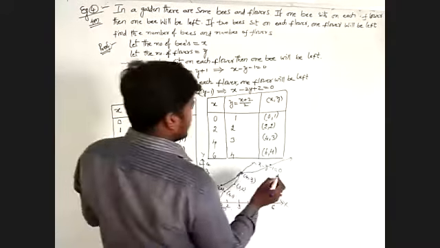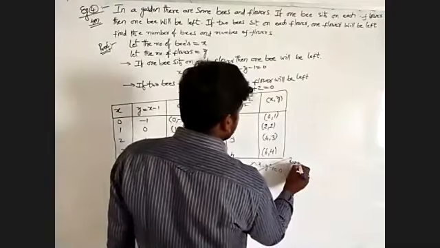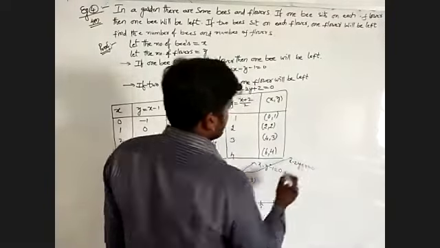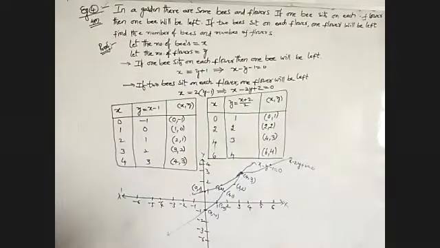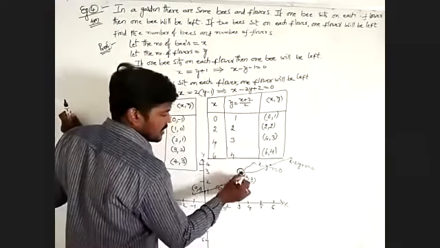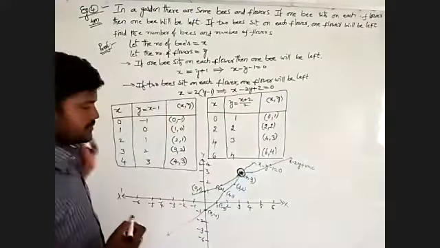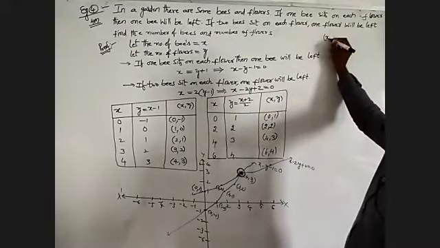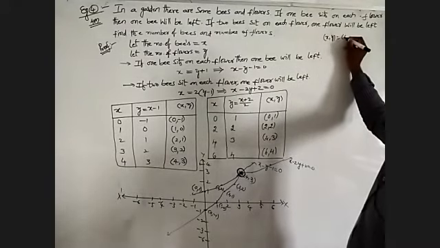The name of the given equation is x minus 2y plus 2 equals 0. We observe that both equations are plotted at the point 4 comma 3. 4 comma 3 is the coordinate values x comma y. That means x comma y is 4 comma 3.